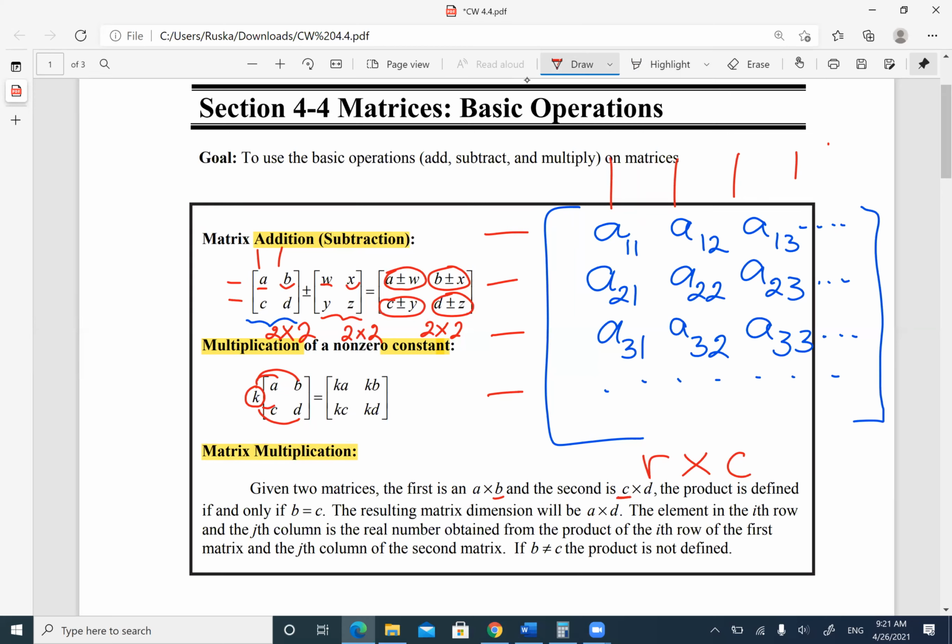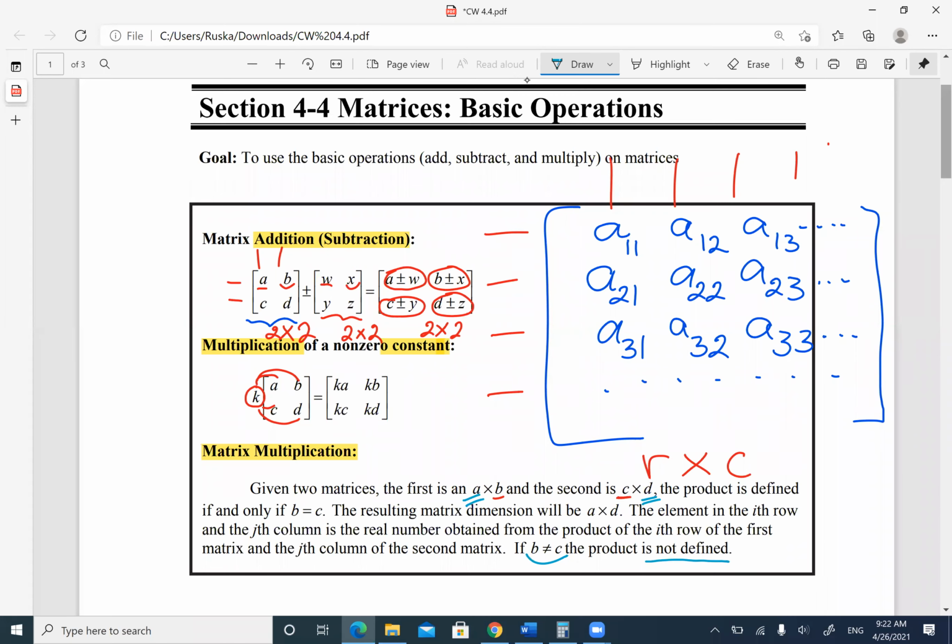So you can multiply 2 matrices if the number of columns in the first matrix is the same as the number of rows in the second matrix. The answer matrix is going to be A by D, and I'll explain that. Here we're multiplying row by column, okay? And if B and C are not the same, the product is undefined, right?